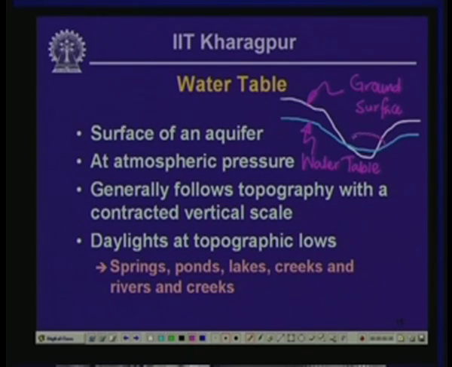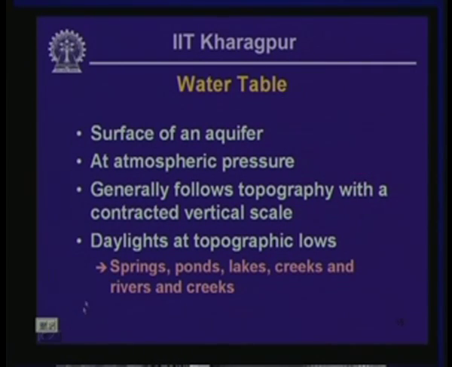Notice that at this location, because it follows the ground contours at a contracted vertical scale, at the location of the valley, the groundwater is likely to get exposed to the surface, and this is the location which might lead to the formation of a water course or a spring or a seep or a lake. So that is the explanation of what I meant there.